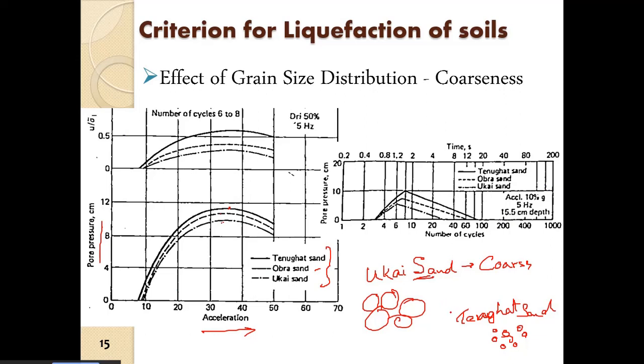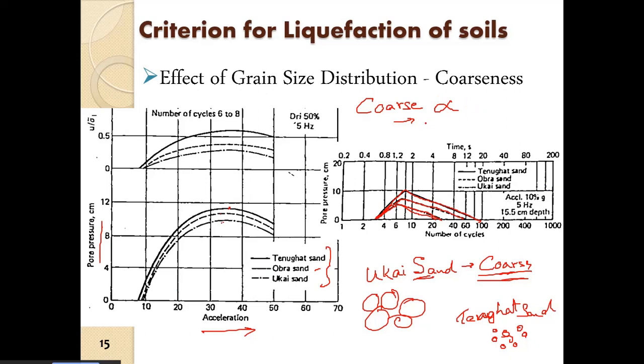Another important part of this study is the dissipation of pore water pressure. Right, so with increasing coarseness, you can see that in the Ukai sand, whatever pore pressure was developed got dissipated suddenly, quicker than the other sands, followed by the Obra sand and then the Tenukhat sand. So obviously we know that if the soil is coarse, the grain size is almost proportional to the permeability.